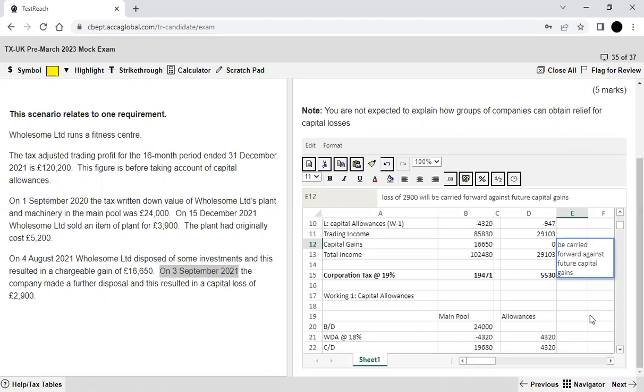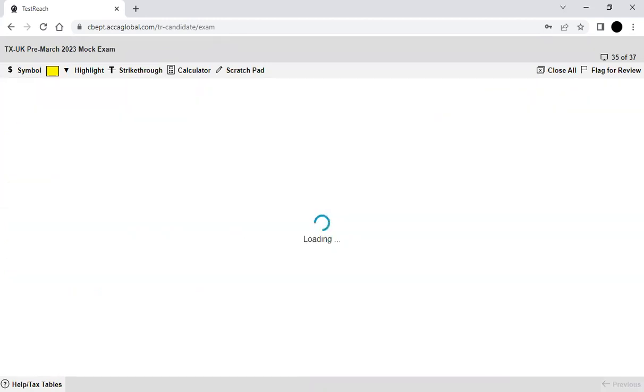So whatever is the loss figure, that will be carried forward automatically. Right? Let's move forward to the next question.